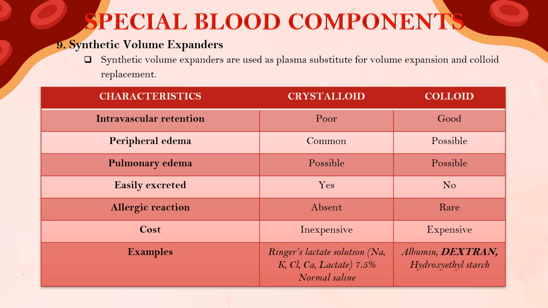For crystalloid examples, we have here the Ringer's lactate solution and the 7.5% normal saline solution. While for colloid, we have albumin, dextran, and hydroxyethyl starch. And take note, class, that dextran is actually the most commonly used plasma expander for plasma substitute and can be used to treat shock by increasing the blood volume.